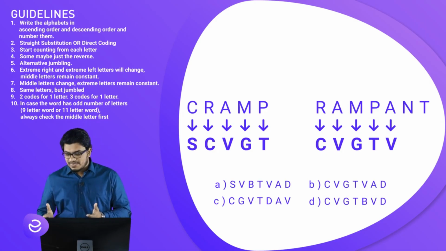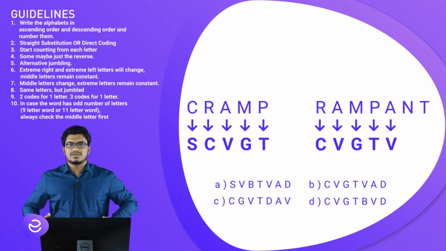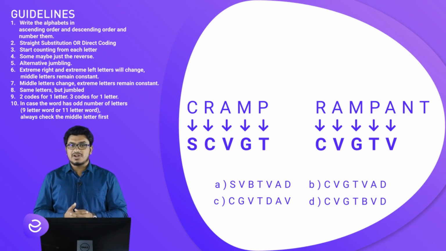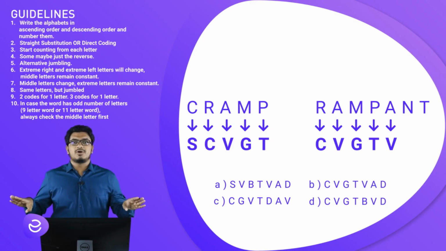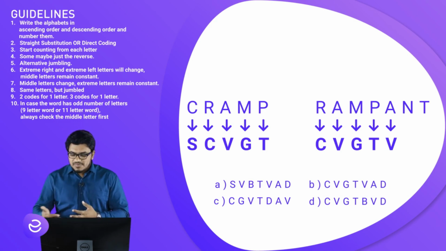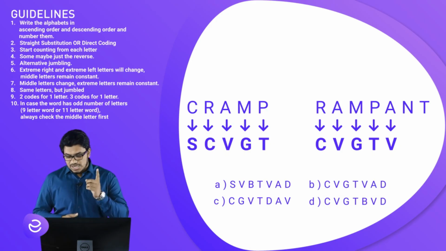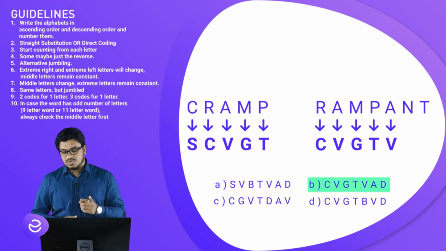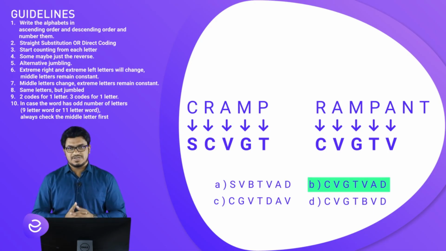So the word RAMPANT can be coded as C, V, G, T, V. But we don't have any idea about the letters N and T. When you come to the options that I've given before, there is only one option that starts with C, V, G, T, V. All the others are different.